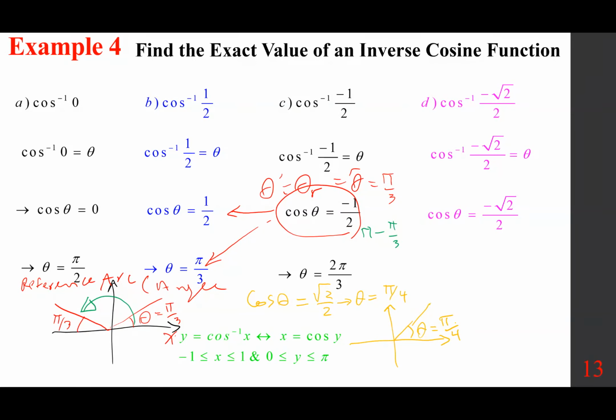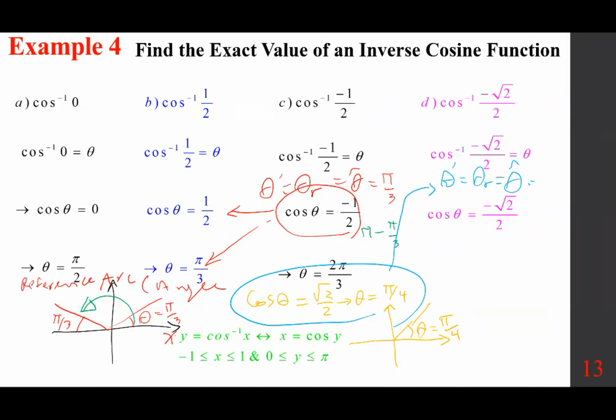When we are looking at the negative value, then we have the same reference arc. So in this case, theta prime or theta sub r or theta hat, depending on the text, is pi over 4.